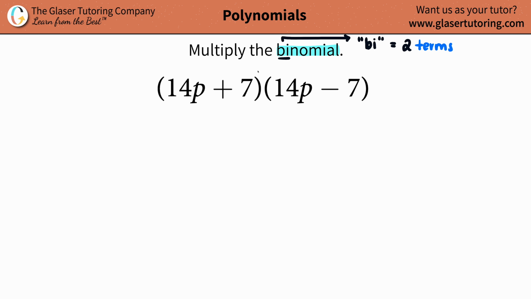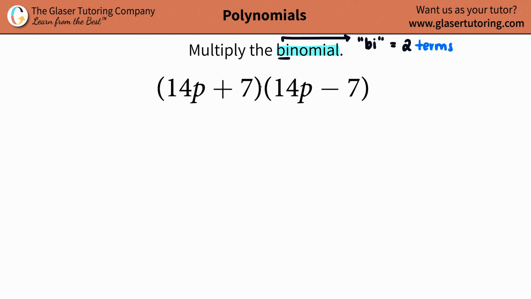In the exact question we have here, 14p plus 7 times 14p minus 7, we have our binomials. In 14p plus 7, our first term is the one with the variable, the 14p, and then we just have a random 7, so that's the second term.